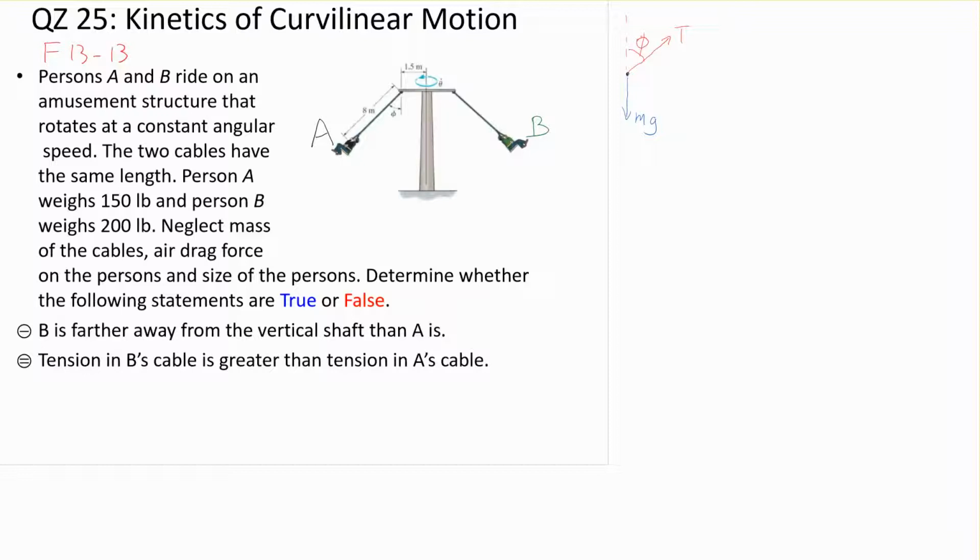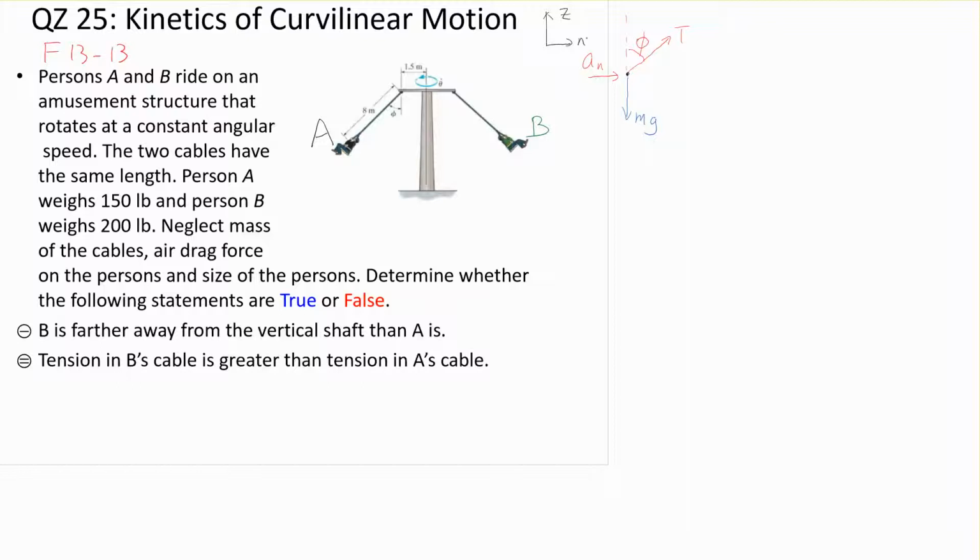Also, this particle has a centripetal acceleration, a sub n. Now, we are going to use the tangential-normal direction coordinate system, except we introduce a third dimension z, which is necessary in this case.